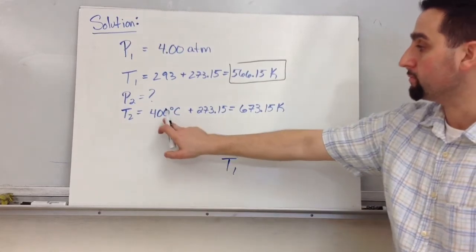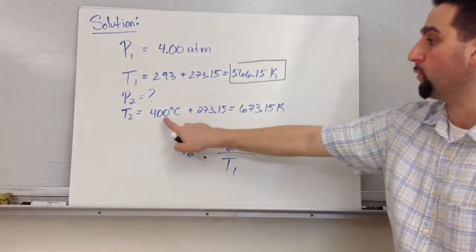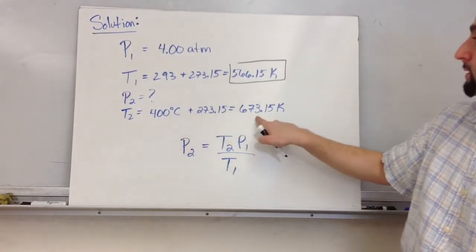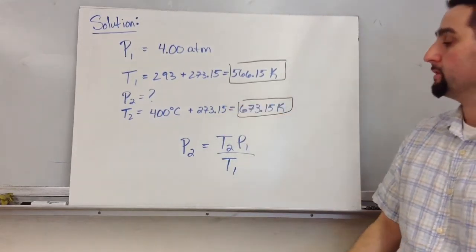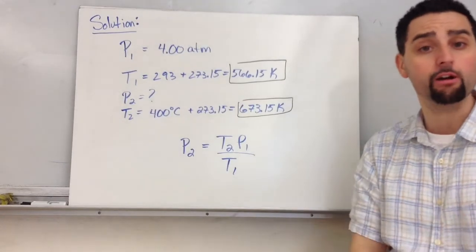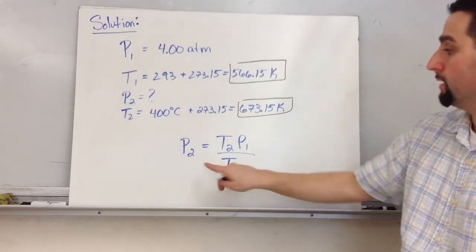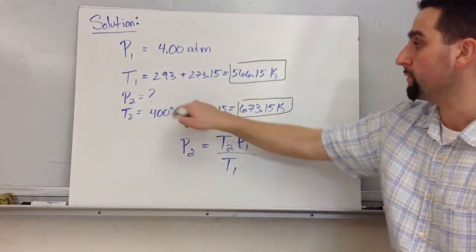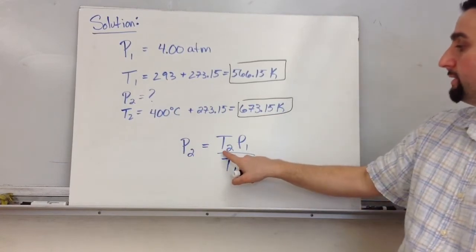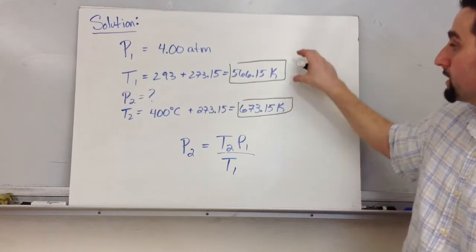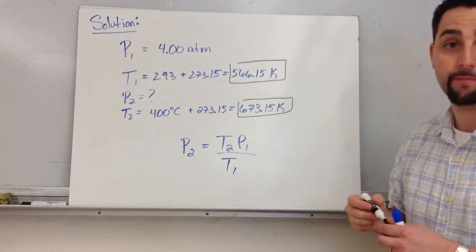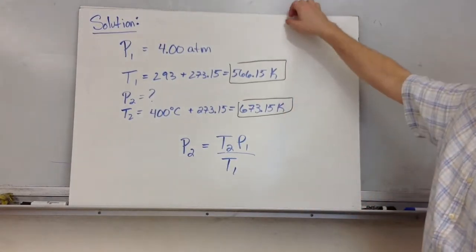I also converted our second temperature, 400 degrees Celsius, to Kelvin by adding 273. If we transpose some of these variables in Gay-Lussac's law, we get P2, which we don't know, is going to be T2 times P1 divided by T1. So we're simply going to plug in these values here. And here's what we get for an answer.